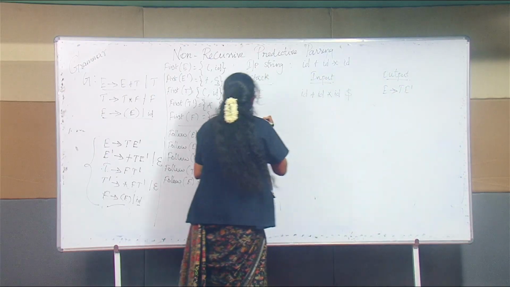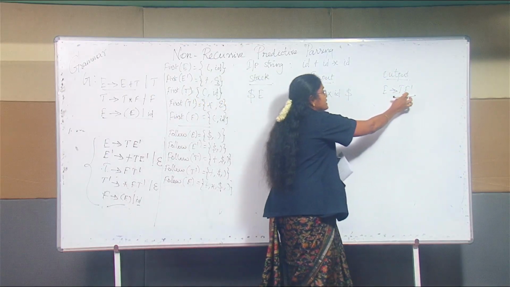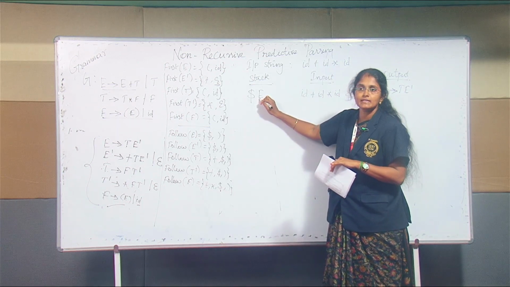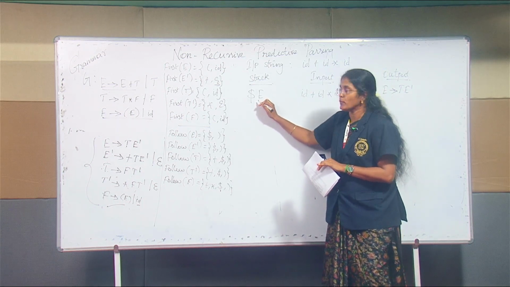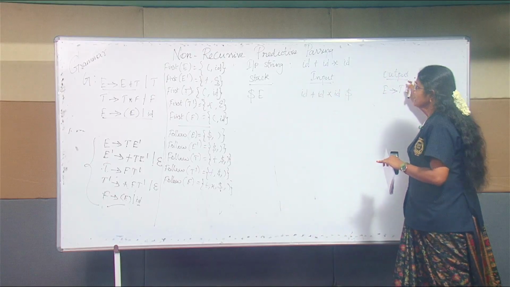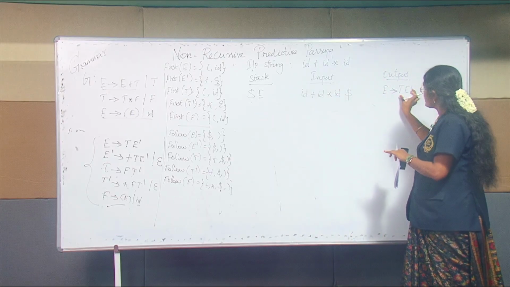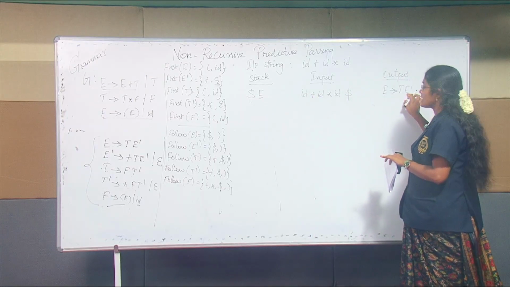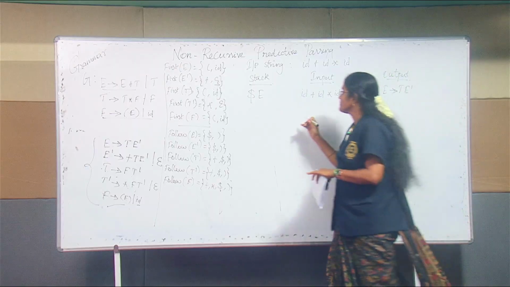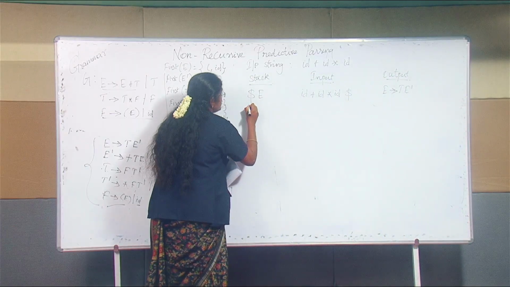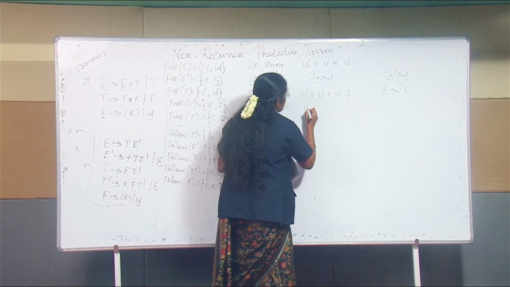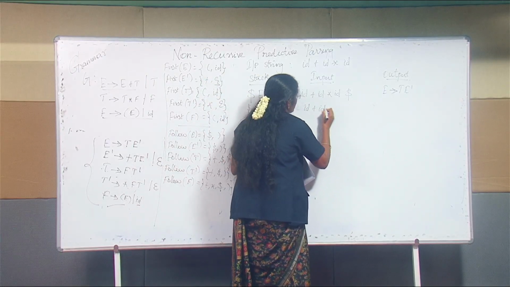So we are replacing the non-terminal E with T E dash, and we push this production into the stack. While pushing, the last element is pushed first, so the stack becomes dollar E dash T. The input remains the same, no changes.